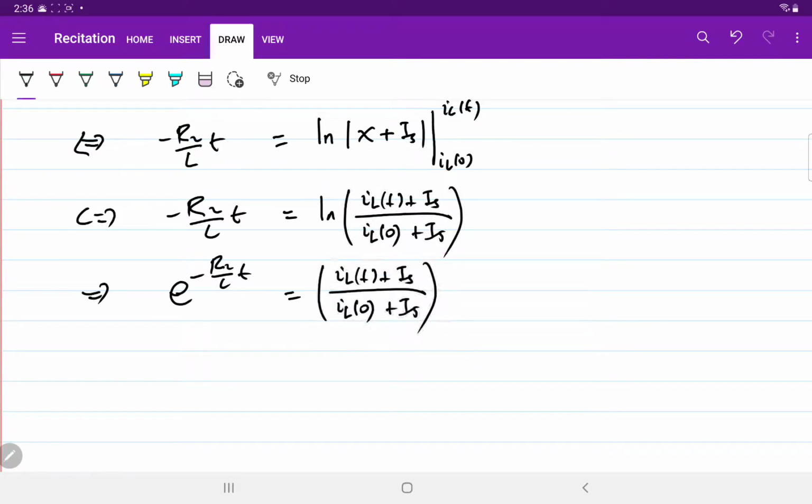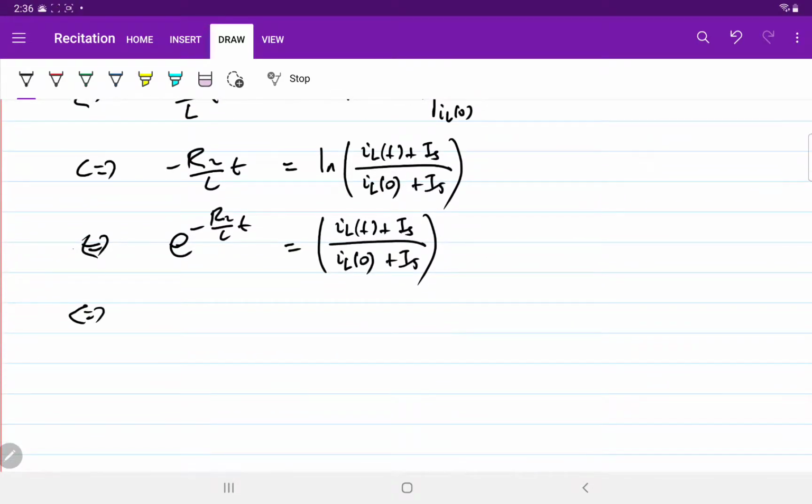Okay, so you know that IL of t is minus IS plus IL0 plus IS times e to the minus R2 over L t. But what is R2 over L?